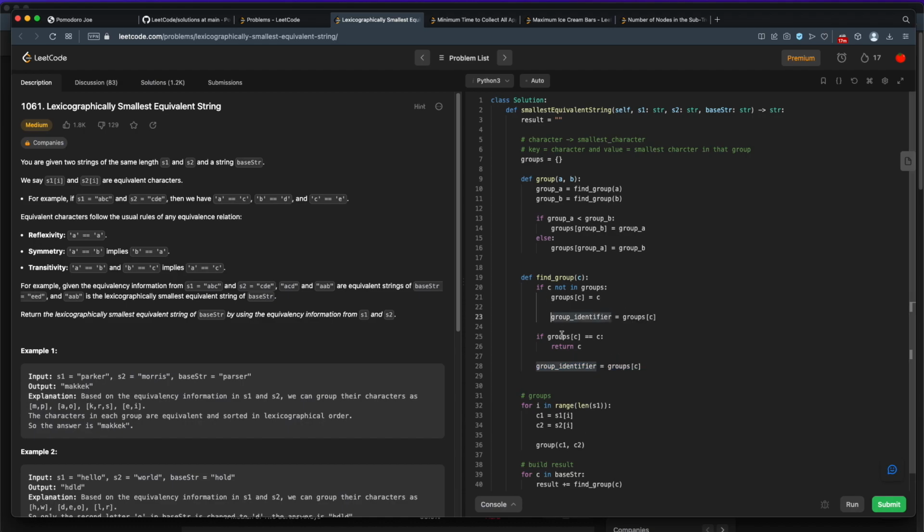Now if this group identifier is the character that we passed in, that means that this character is the smallest character in the group, and we just return that character.